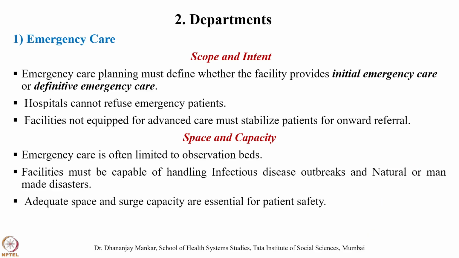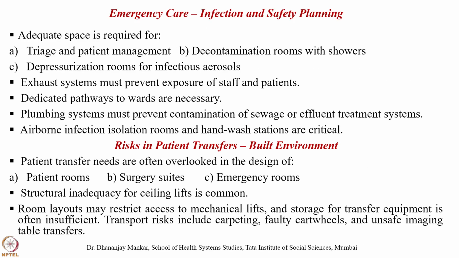So facilities must be capable of handling infectious disease outbreaks and natural or man-made disasters. They need to be prepared with respect to resilience and disaster management. Emergency care needs adequate space and surge capacity, which are essential for patient safety and to ensure that your hospital follows quality with respect to emergency care.